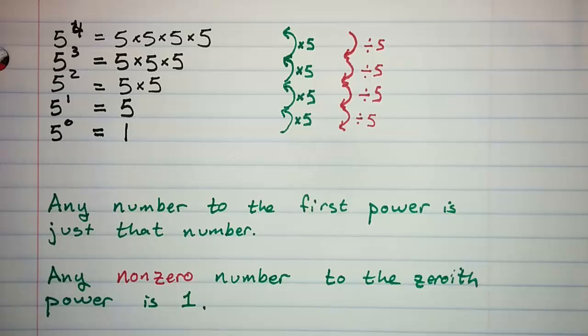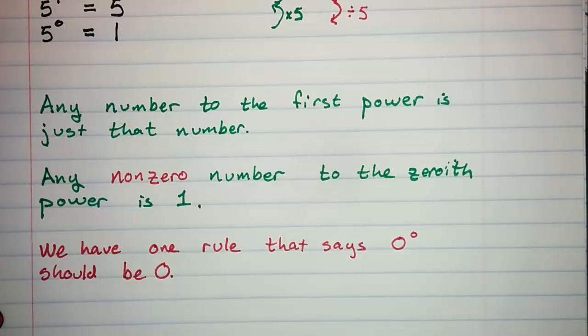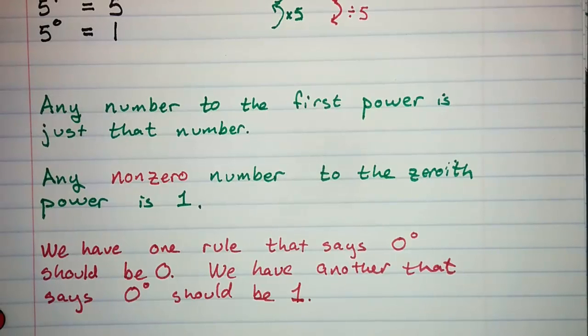What about 0 to the 0? We have one rule that says 0 to the 0th power should be 0, namely the 0 to any power rule. We have another rule, namely the anything to the 0th power rule, that says 0 to the 0 should be 1.